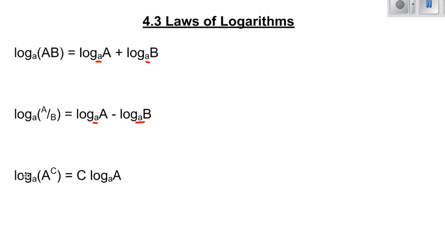And also, log base a of something to a power, the power can get moved in front. So multiplication and addition go together, division and subtraction go together, powers can get moved to the front.